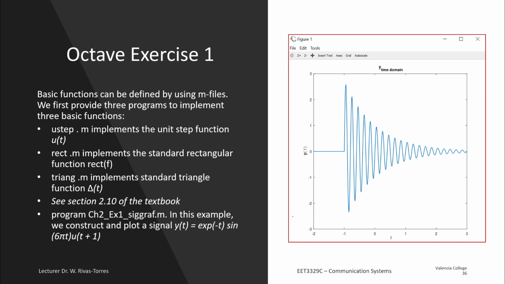So I have a quick Octave exercise that I would like to do for you guys, to show you how we create this signal using the unit step function. What we're trying to do is recreate this expression, which says y of t equals the exponent of minus t times sine 6 pi t times u of t plus 1.